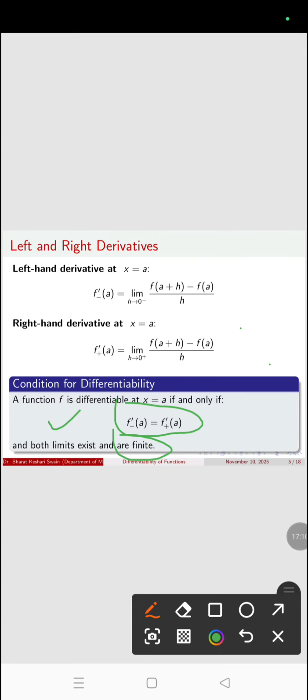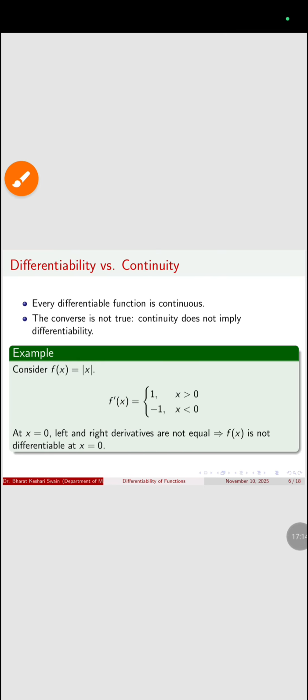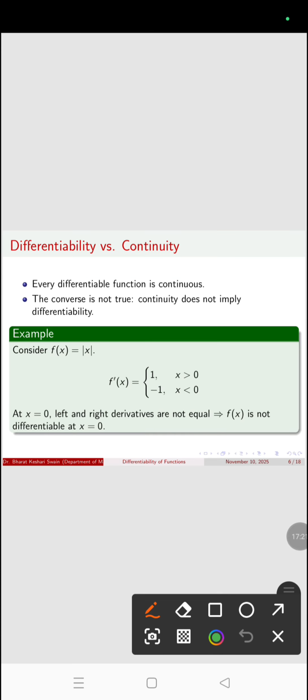Now come to the next slide. What is the relation between differentiability and continuity? What is the first point? Every differentiable function is continuous. If a function is differentiable, then it is also continuous. That means if I check that a function is differentiable at a point, then it is also continuous at that point.